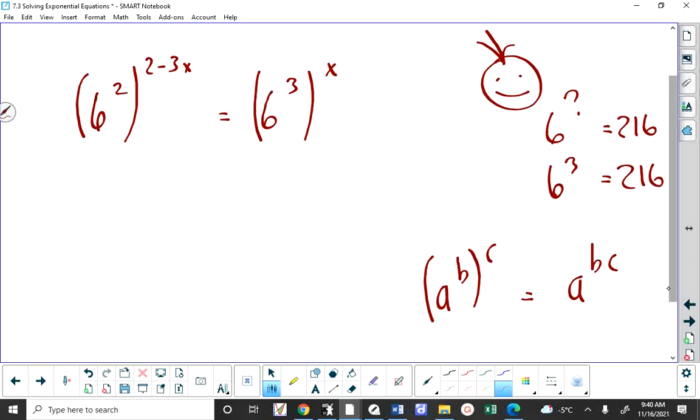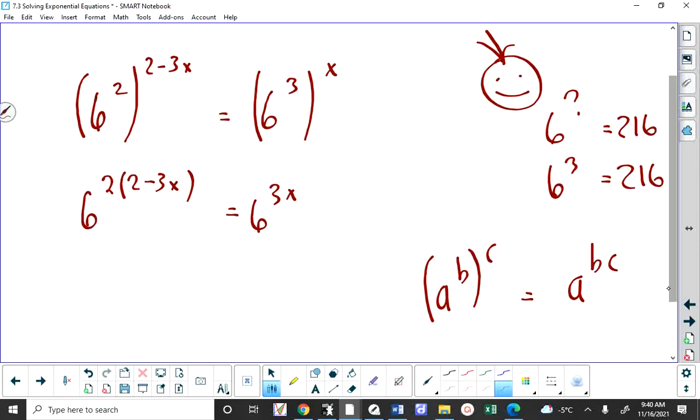So I'm going to get on the right-hand side 6 to the 3x, and on the left-hand side, I'm going to get 6 to the 2 times 2 minus 3x. And I have no problem at all with you writing instead 4 minus 6x at this stage. I'm just doing it in steps to show people what's going on. Can we drop the bases at this point?